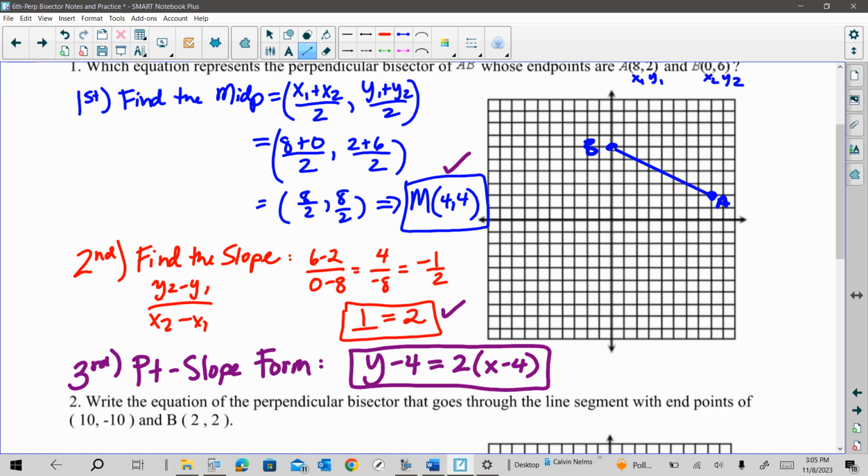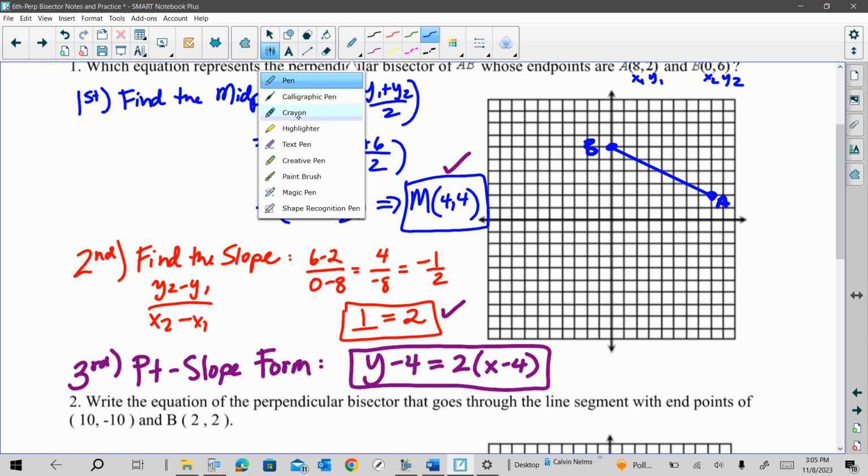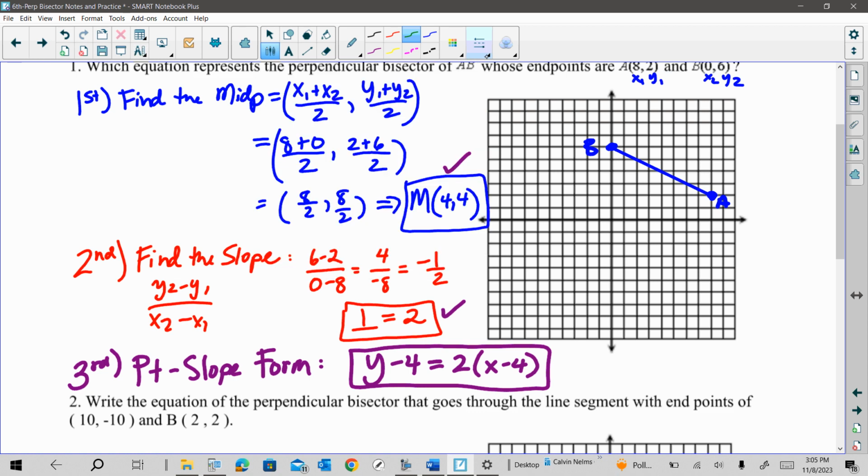Now, if you like using the graph, then this might be a better method for you, because I tend to like the coordinate plane because I can physically see that point that's going to represent the midpoint. Like if I look here, I know I put it right here. This is my midpoint, and that point is at the ordered pair (4, 4), which is the same thing I got by using the formula.